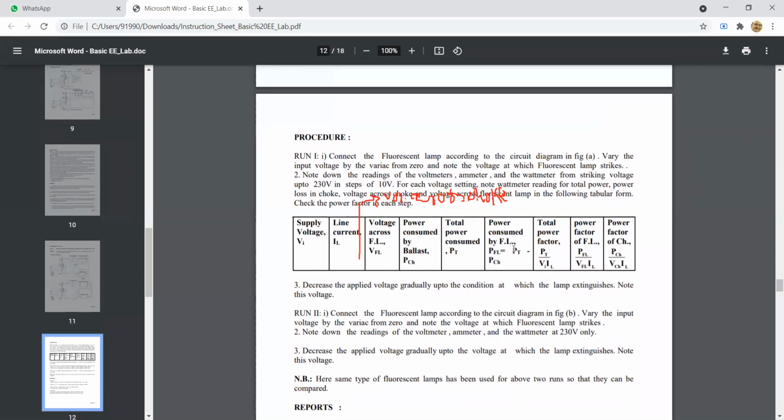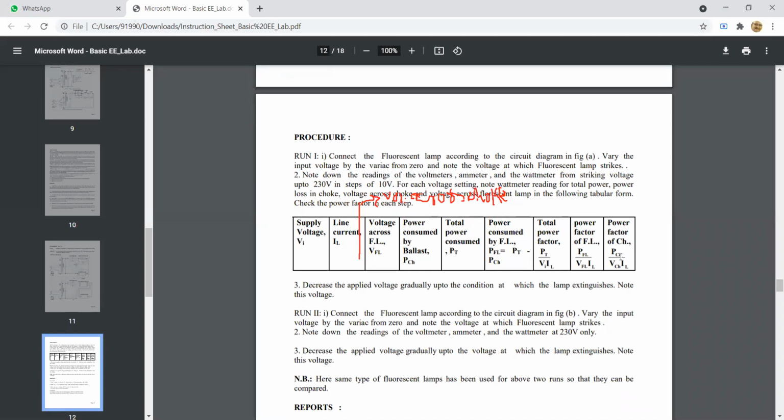The power consumed by the fluorescent lamp will be PT, total power, minus the power consumed by the choke. Then you have to calculate the total power factor, PT divided by VI into IL. VI is the supply voltage, IL is the line current. Then the power factor of the fluorescent lamp: power consumed by the fluorescent lamp, voltage across the fluorescent lamp, and IL, the line current, because the same current is flowing through the ballast and the fluorescent lamp.